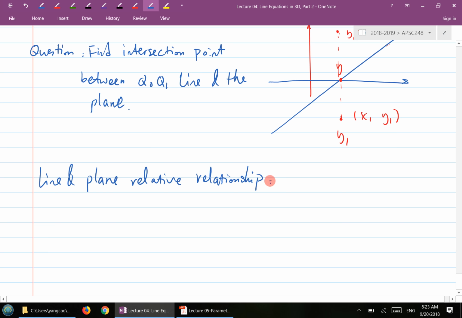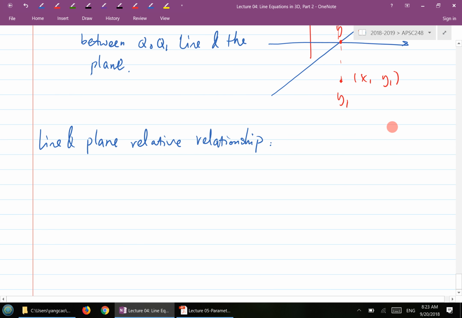If I have a plane here, let's think about all the possible relationships. If I also have a given line here, what's the possible relationship between this line and the plane? You can have a line which is on top of the plane. This relationship we call parallel, so the line is parallel to the plane. That's one relationship.